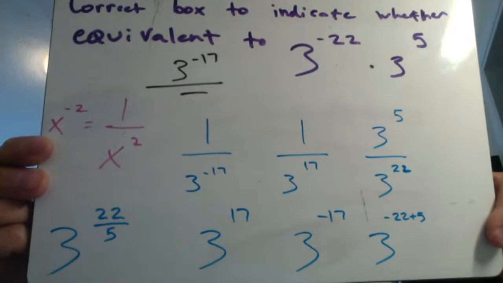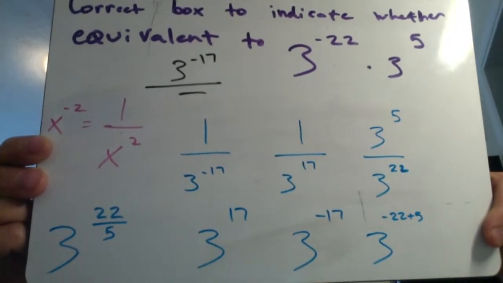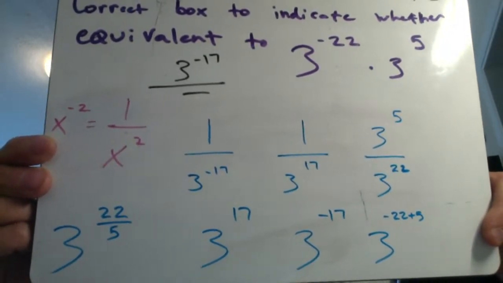So if we have something that's already in the denominator that's negative, we're just going to bring it to the numerator, like in this one. If you have 1 over 3 to the negative 17th power, that's the same thing as 3 to the 17th power.